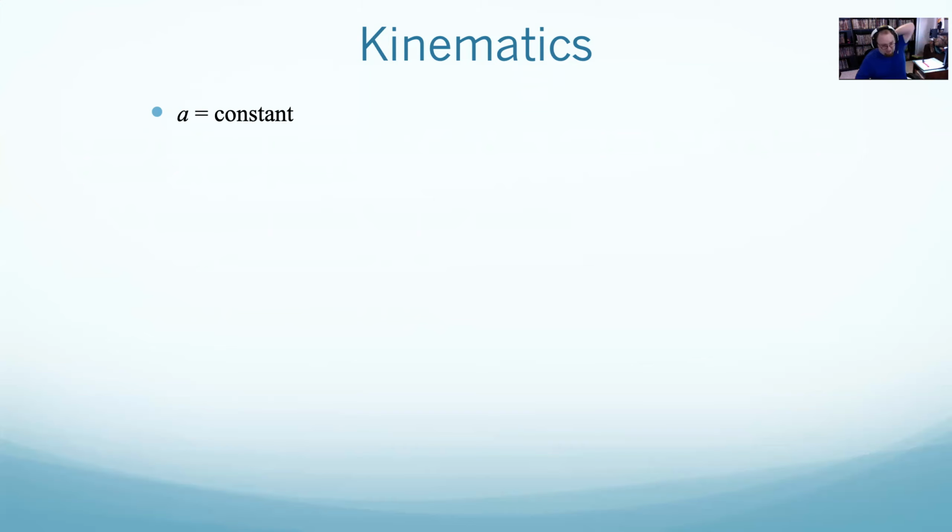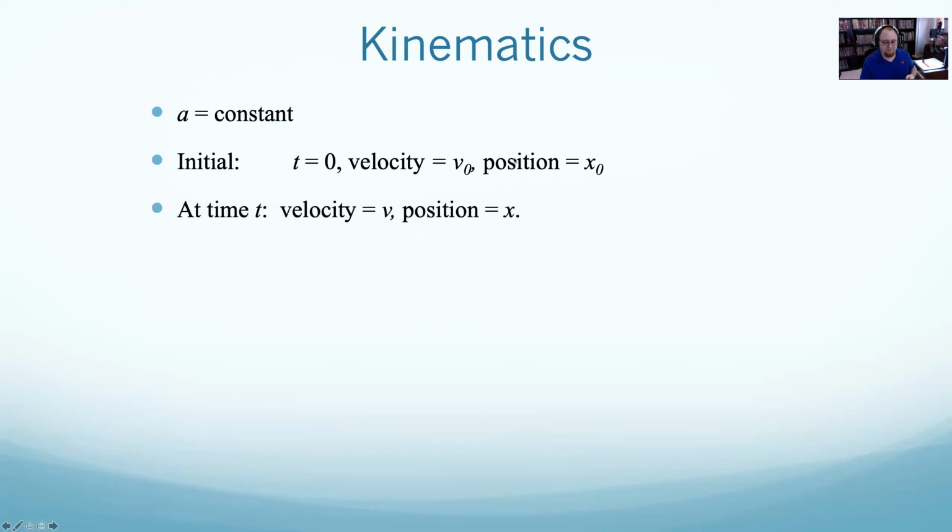And we're going to say if acceleration is constant, our initial conditions, T is 0, V is V naught, position is X naught. This could also be Y naught or Z naught if I had X or Y. And at some time later T, your velocity is V, your position is X. And what I'm going to do is a lot of algebra. See, I already said average acceleration is V final minus V initial over T final minus T initial.